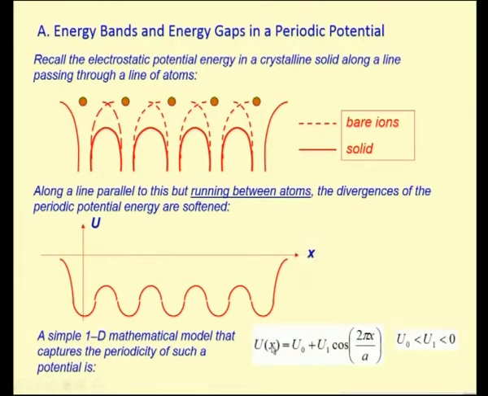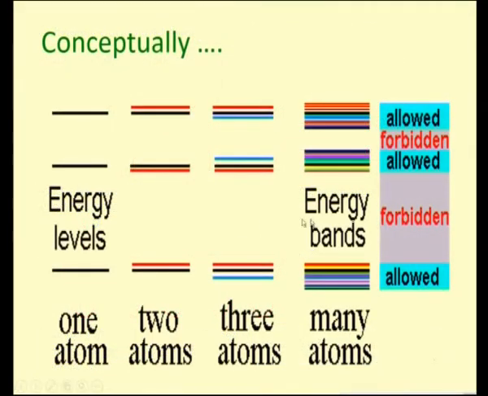And the potential variation in between atoms can be represented as a sinusoidal function like this plus a constant. This is periodic over a distance say a, and conceptually we have this.